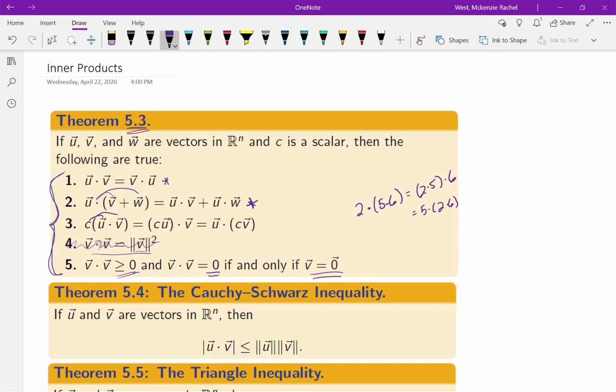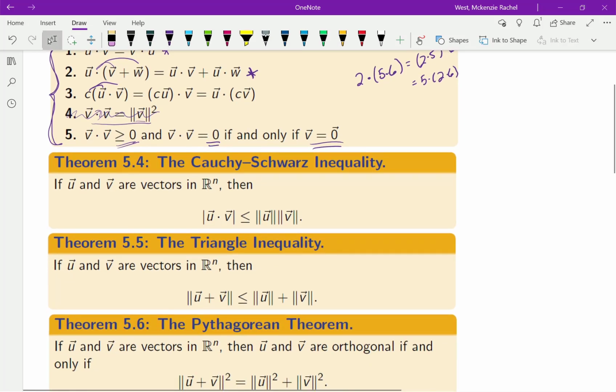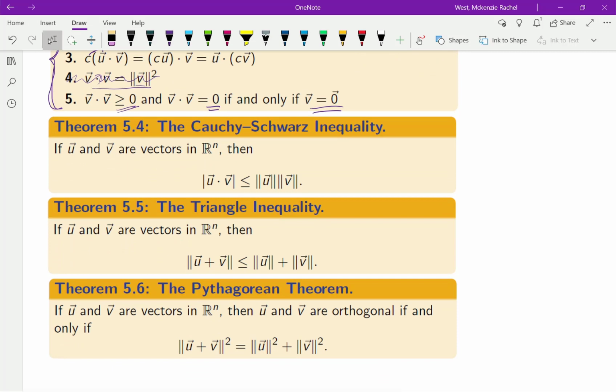So with these 4 properties alone, 1, 2, 3, and 5, we have some awesome theorems. We have the Cauchy-Schwarz inequality, which relates a dot product with some lengths. The triangle inequality, which tells us that between 2 points, the shortest distance is the straight line rather than taking the alternate route.